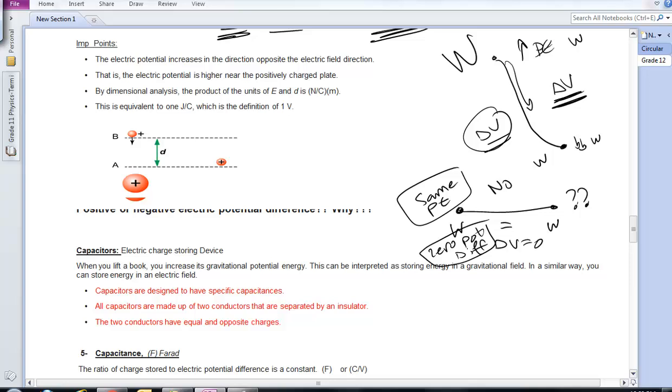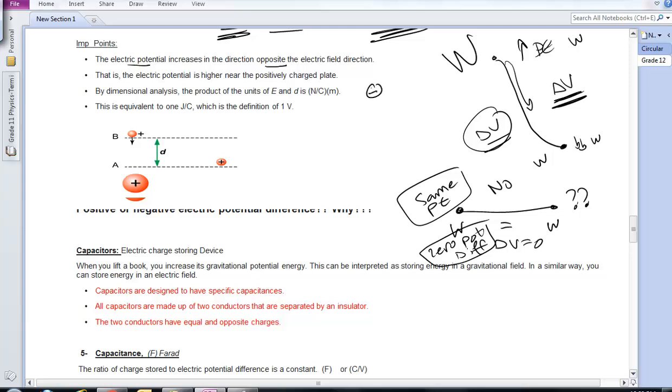Here there are some important points. The electric potential increases in the direction opposite to the electric field. So when you are moving opposite to the electric field direction, the electric potential increases. The electric potential is higher near positively charged plates, because you need to move the charge toward a positive charge.